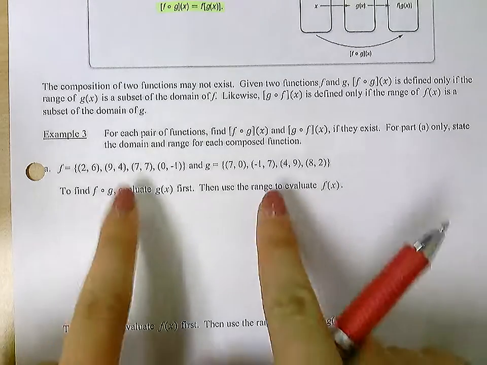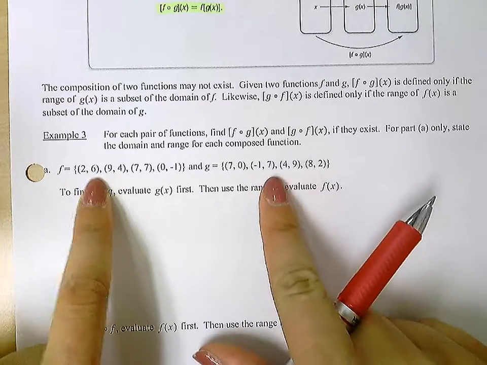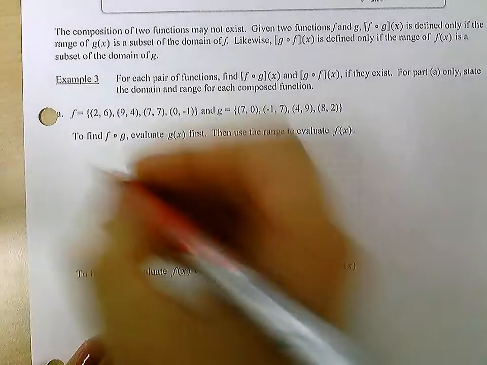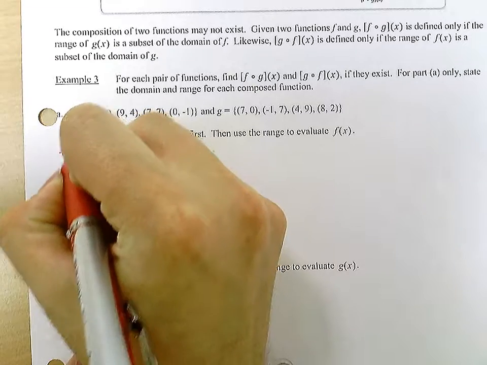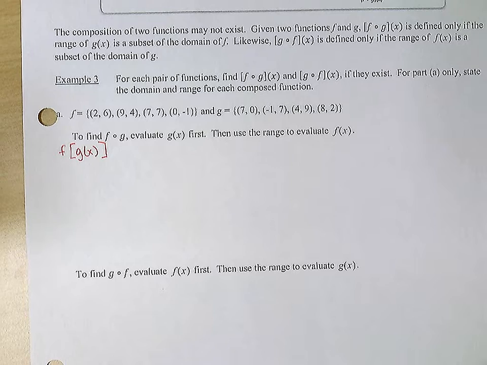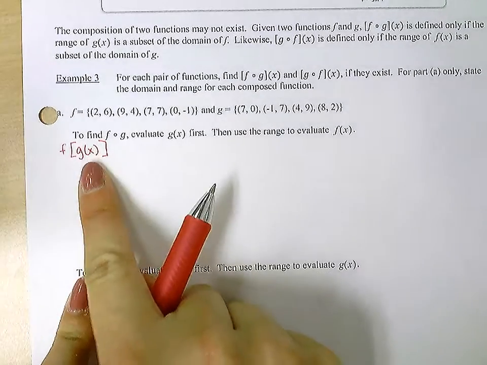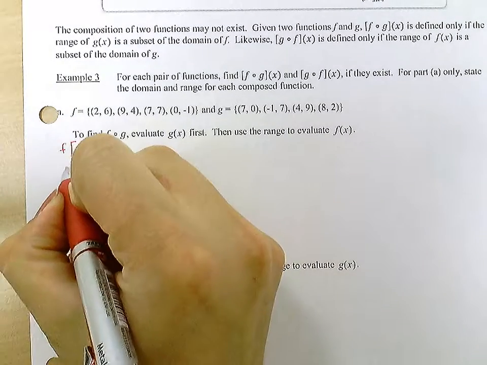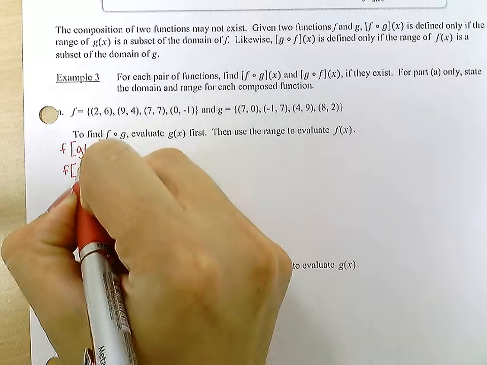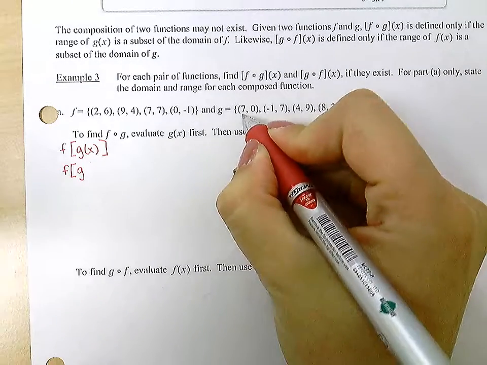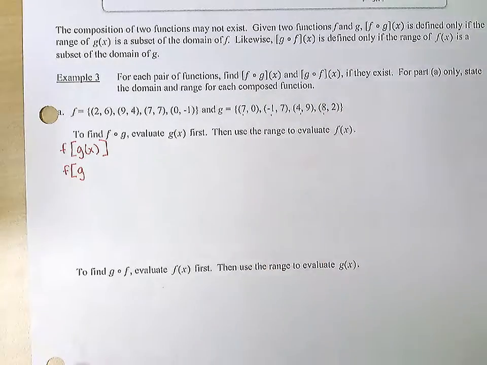So we're given these points for f and these points for g, and we want to find f of g of x. That's how I'm going to write it all the way down. So I'm going to start with the x's in g. I'm still going to have f of g, but I'm going to look at all of the x values in g.